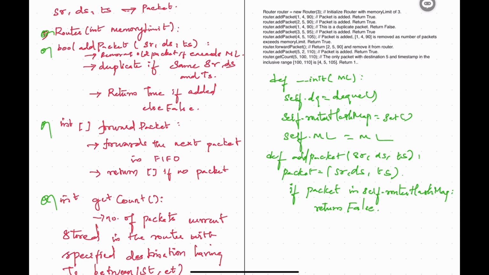Next, another case to check is removing the old packet if it exceeds the memory limit. If the length of self.dq equals self.memory_limit, it means it has occupied all the space of the memory.